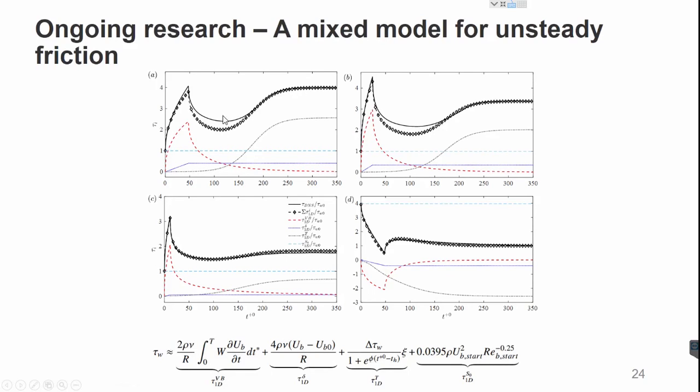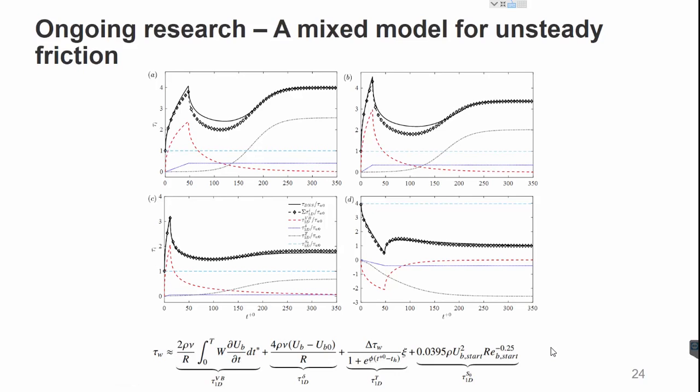We can see that in different cases, the model agrees quite well with the DNS simulation. And these terms here, the red, the blue one, and these dashed lines are each one of the terms we have computed from this simulation. So what we see here is that the model agrees, in this case, quite well with the DNS simulation.